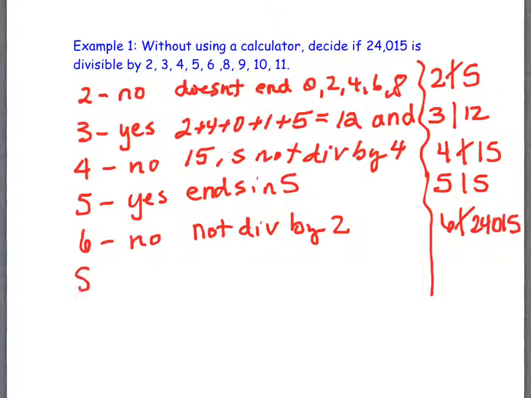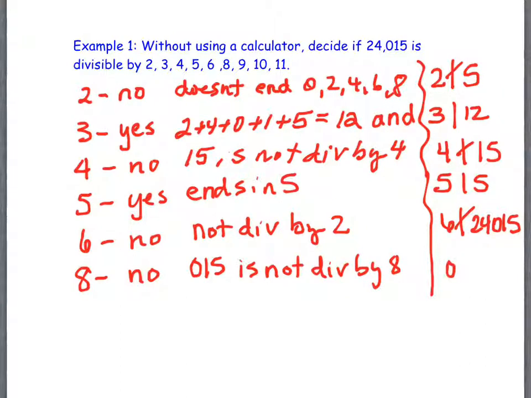Let's see, 8. No, why not? Because you're basically looking at 15 again. Right, because we actually have a 3-digit number that starts out with a 0, right? 015. It is not divisible by 8. So again, 8 does not divide 015, or 15 specifically.